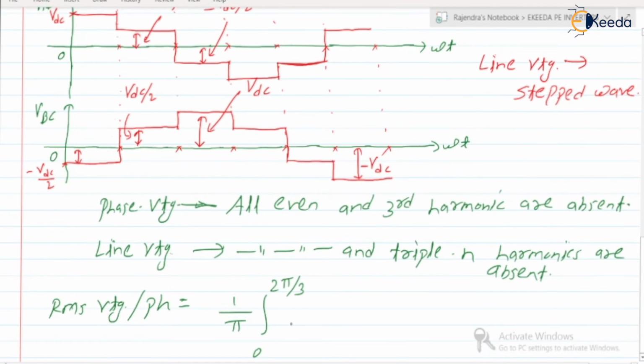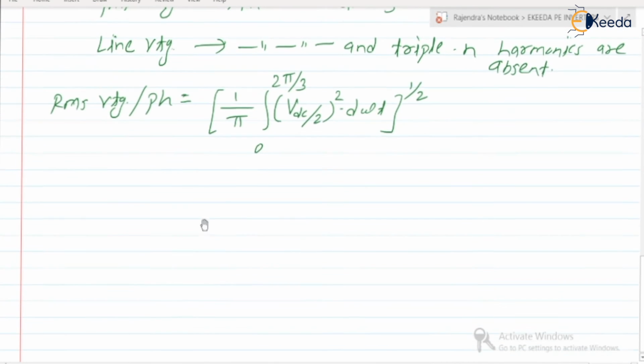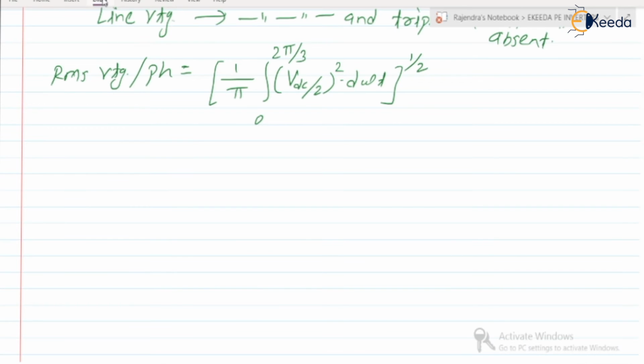So we can write it as VDC by 2 bracket square into d omega t, to the power 1 by 2, right? From this we can write it as VDC by 2 root pi, I'm taking it outside, into omega t and putting the limit, 2 pi by 3, to the power 1 by 2.